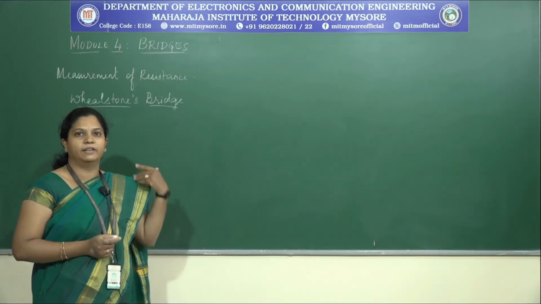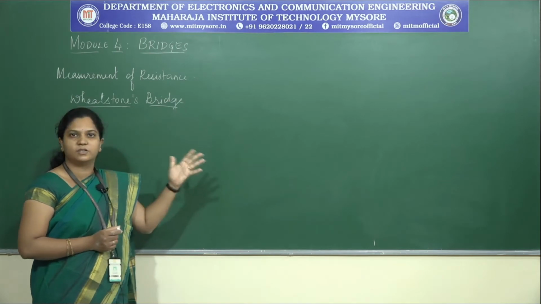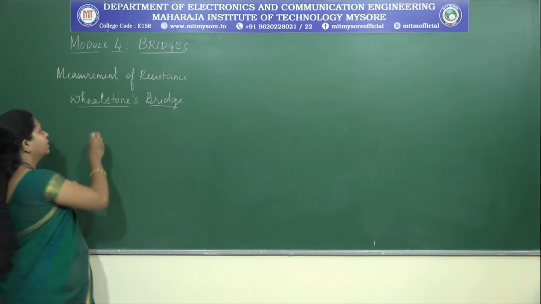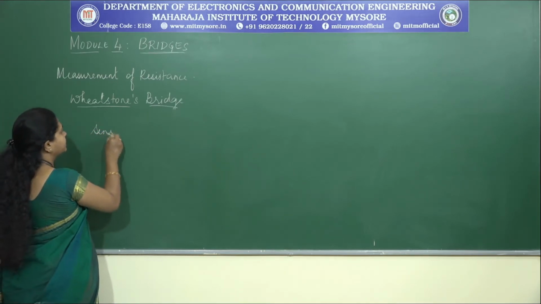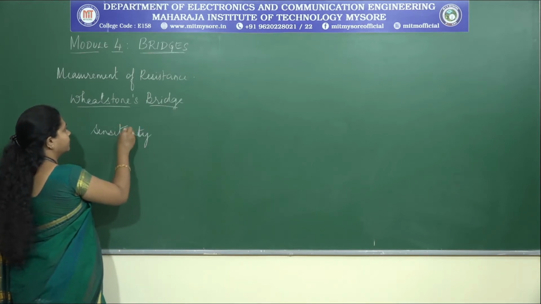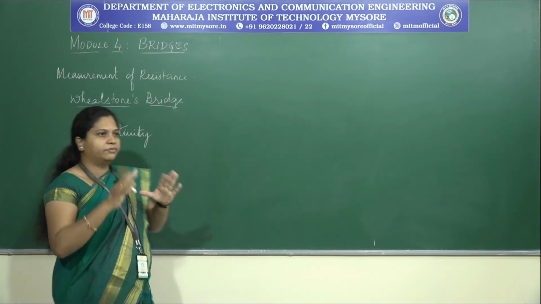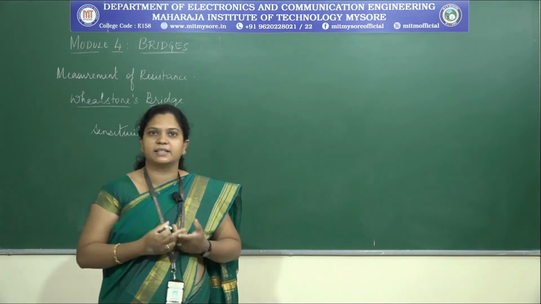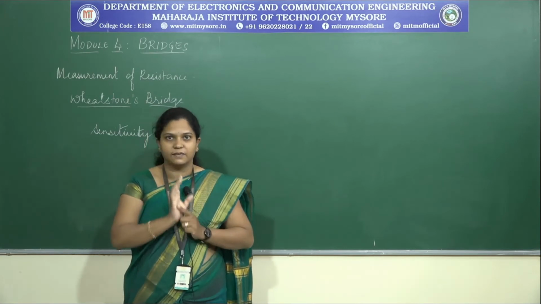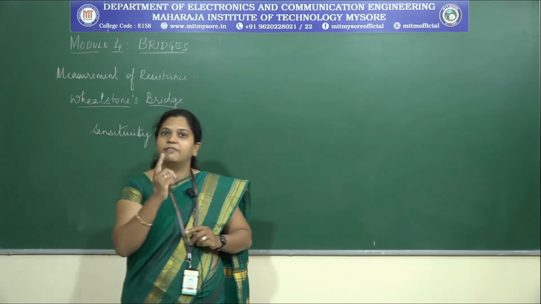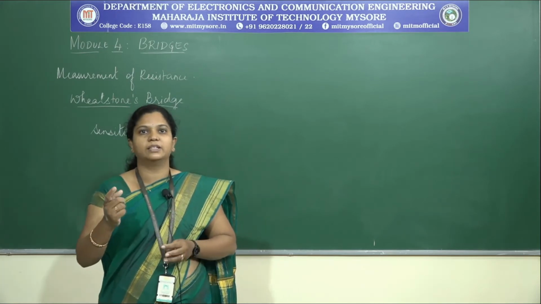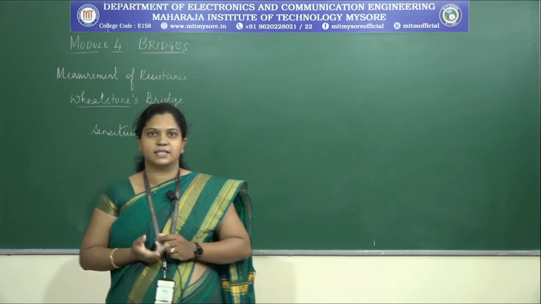Now this property which we studied was for a balanced Wheatstone bridge. Now, when the Wheatstone bridge is unbalanced, we find out a term known as sensitivity. Means if the Wheatstone bridge is in an unbalanced condition, what happens? There will be a deflection present within the galvanometer. So, the amount of deflection that is found in the galvanometer is nothing but the sensitivity.